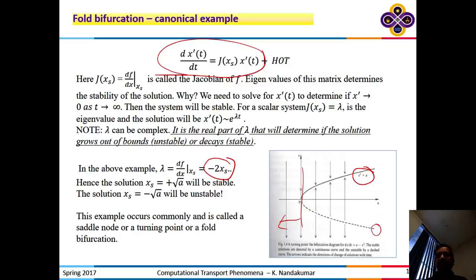And what it means is if I have any initial condition starting at any point other than that on the equilibrium line, it will be attracted towards that equilibrium line. If I start from somewhere here, it will be attracted. Even if I start from here, it's not going to go to this, even though it is closer to that, right? But it will go to that because that's a stable solution. That's the attractor. The stable solution attracts any nearby trajectories.